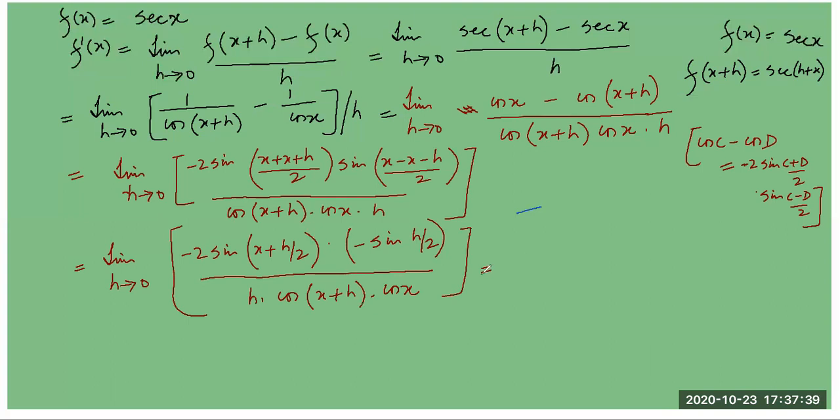So I can write this limit h approaches 0, sine of x plus h by 2, divided by cos of x plus h. I will also take cos x here.